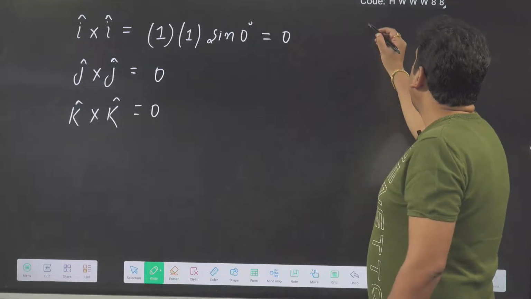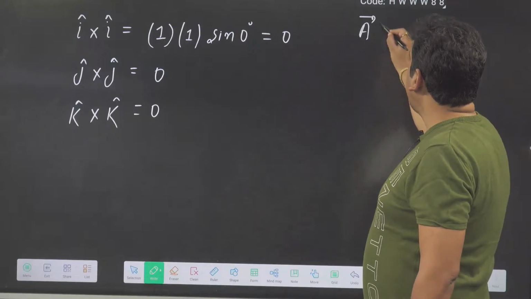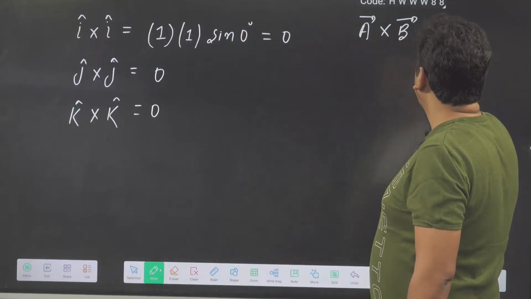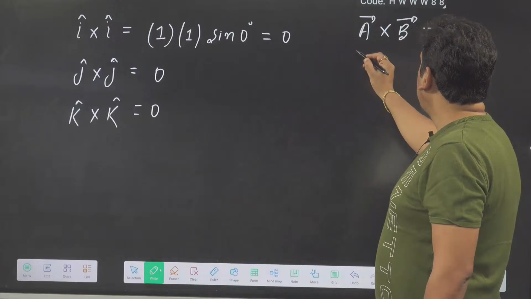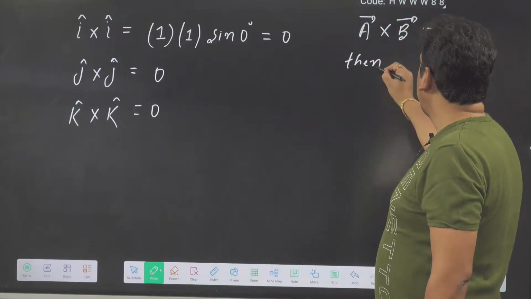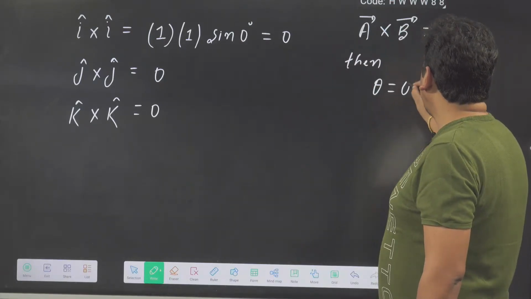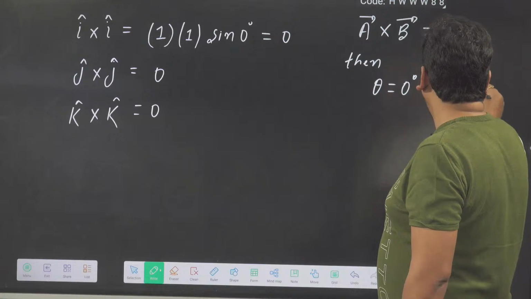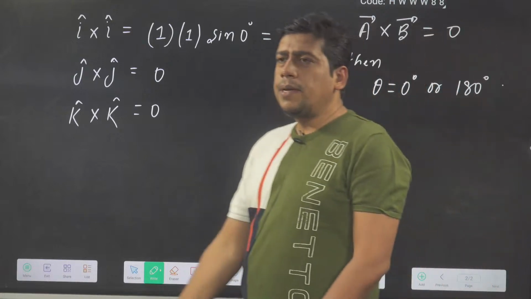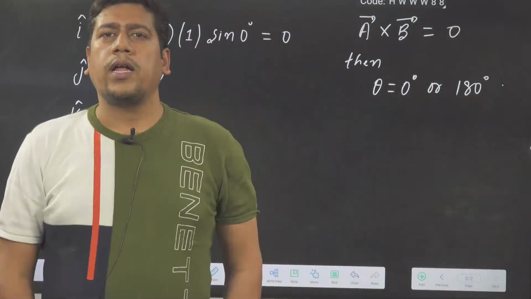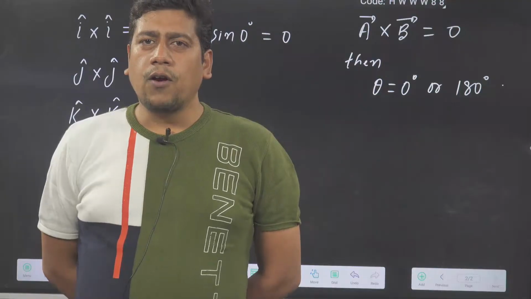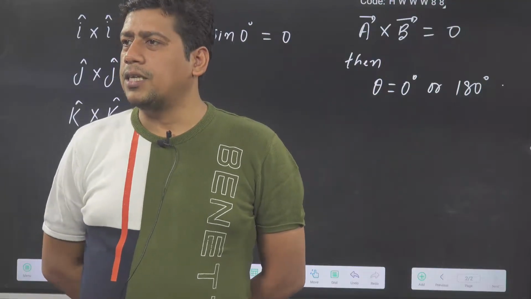Okay? It means that if A cross B is 0, then theta is either 0 degree or 180 degree. Tell me, if the angle is 0 degree or 180 degree, what we call such a set of vectors? Come on.